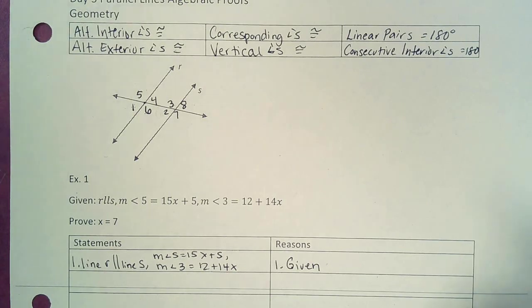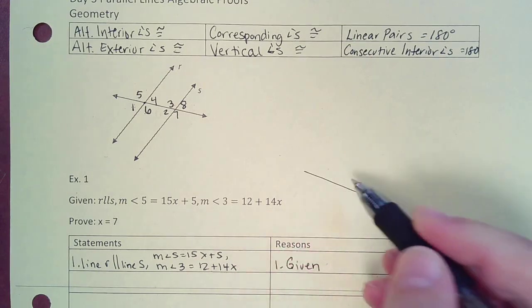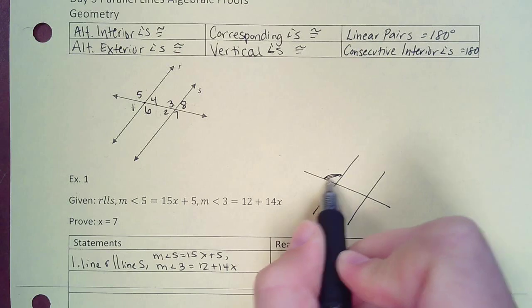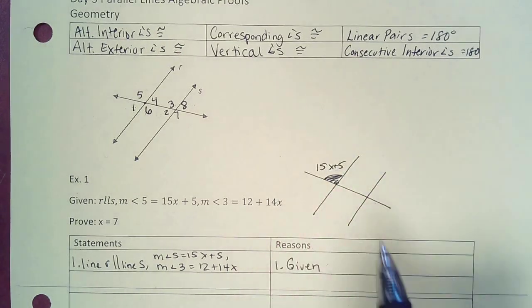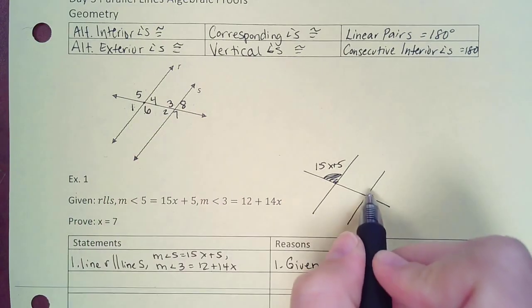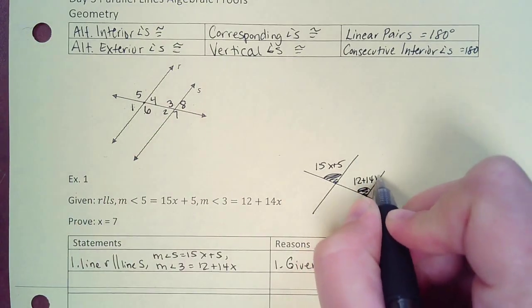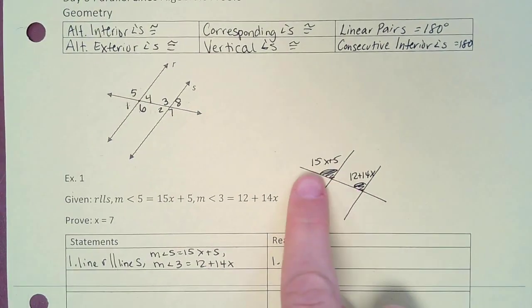So right now, if I were to recreate this picture, just roughly here, we're looking at angle 5, which is this angle, and that was 15x plus 5. And we're looking at angle 3, which is this angle, and that was 12 plus 14x. Well, let's think first. What is their relationship?